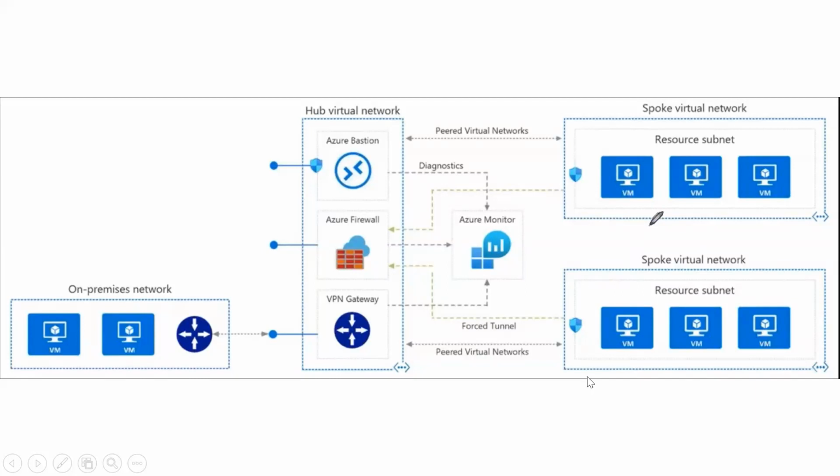So now in the real world, whenever you want to access the on-premises environment or access the internet, it should go via this firewall. In coming classes, you'll understand in what scenarios you use Bastion and VPN gateway, all these things. In this way, it will go and access the external world.